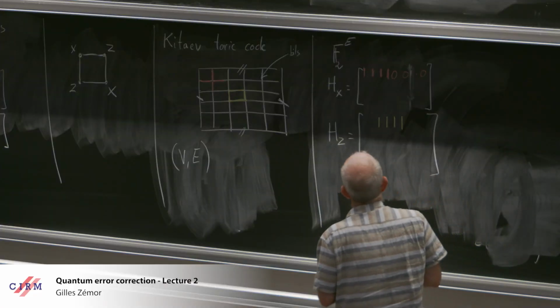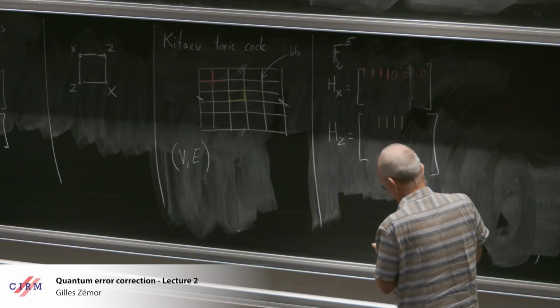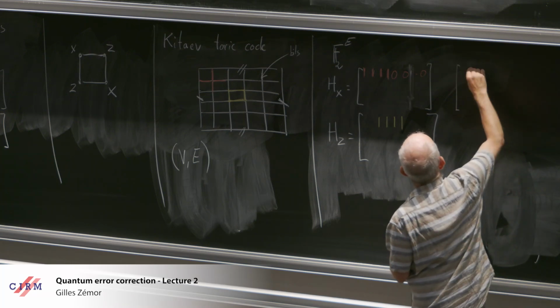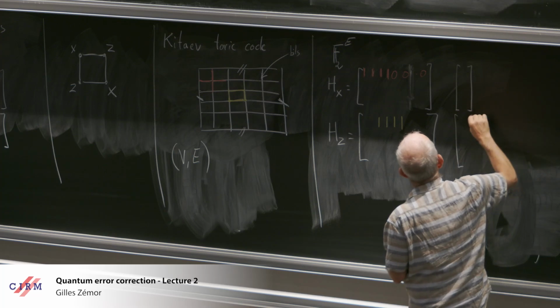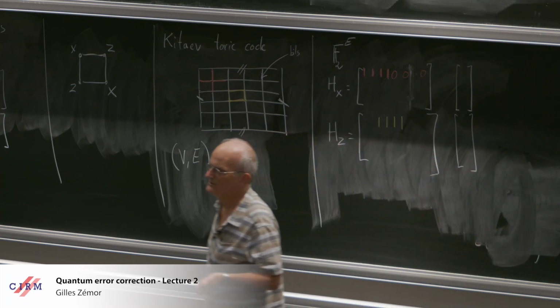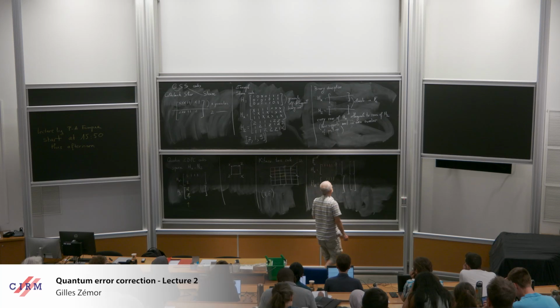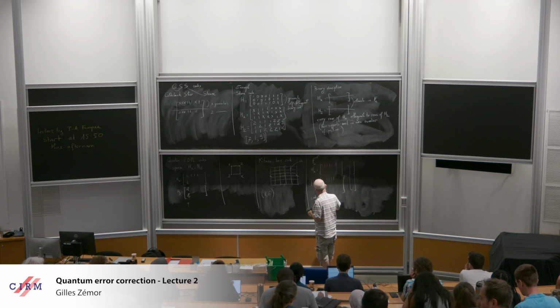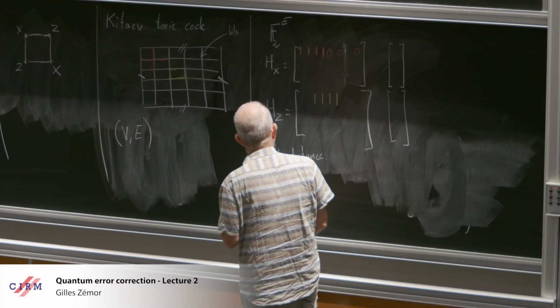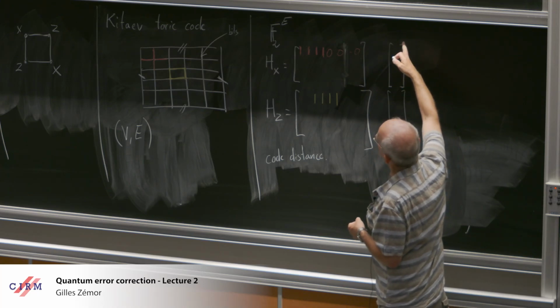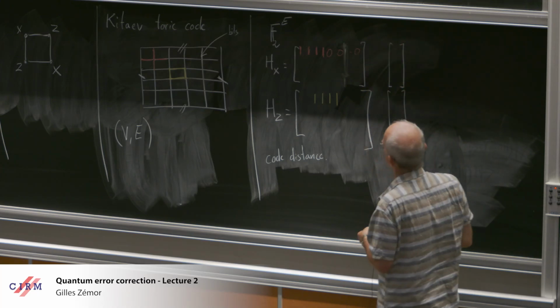And now, the syndrome function that we defined before translates into really 2 syndrome functions, one for the Hx matrix and one for the Hz matrix. And the minimum distance is given by the smallest error pattern with a zero syndrome either for Hx or for Hz.